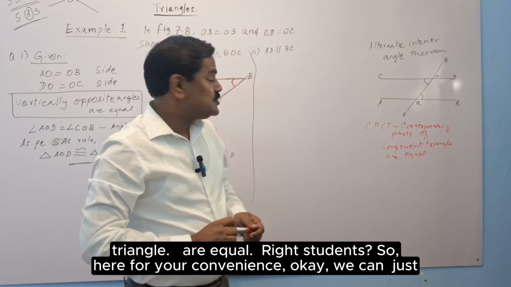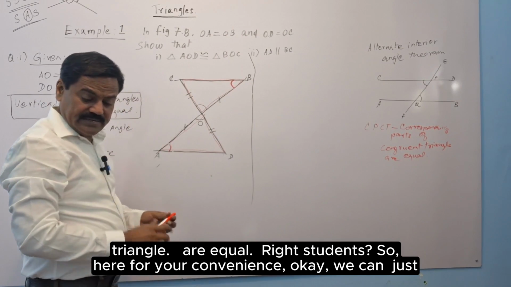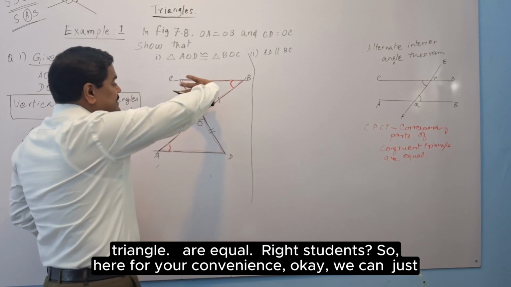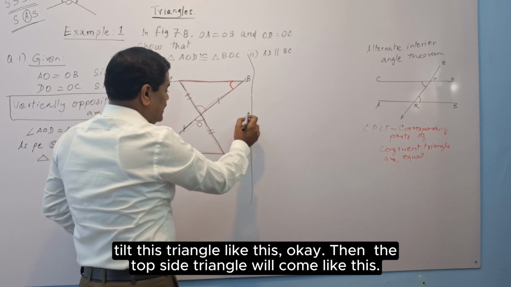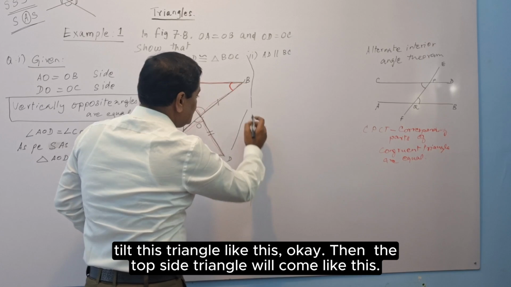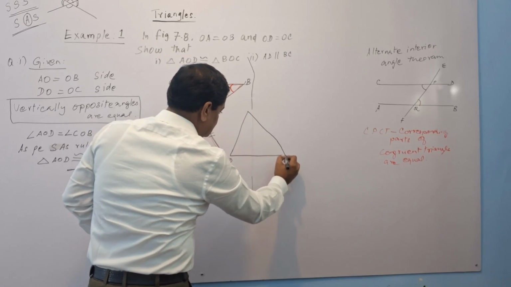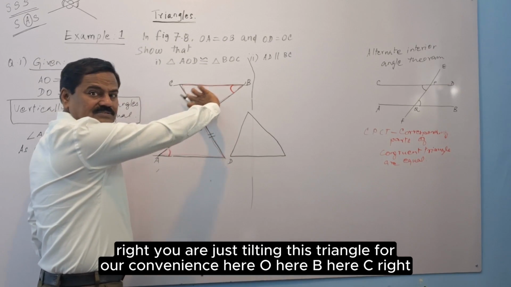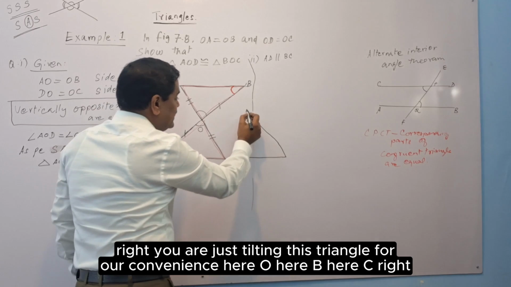Right, students? So here, for your convenience, we can just tilt this triangle like this, then the top side triangle will come like this, right? You are just tilting this triangle for our convenience.